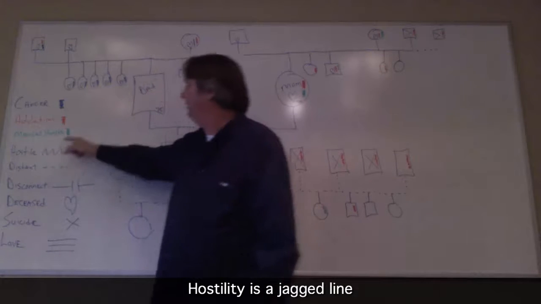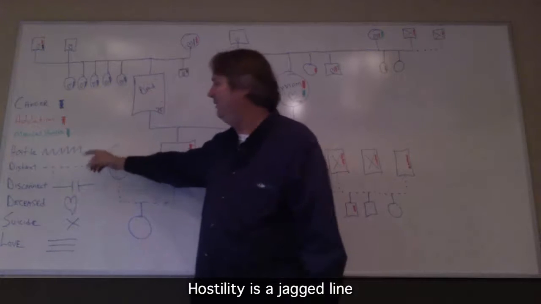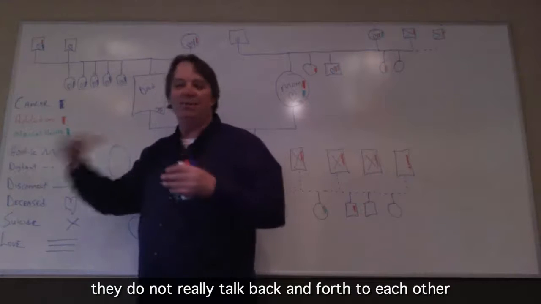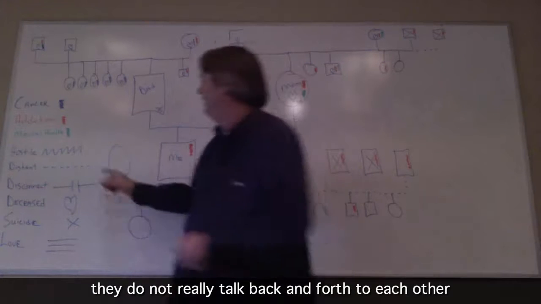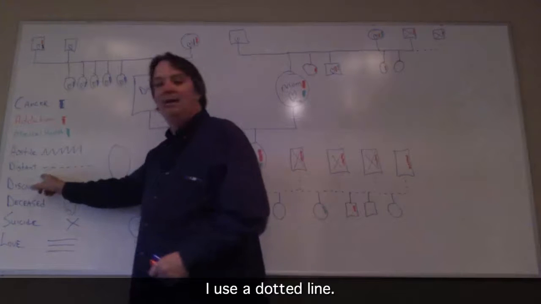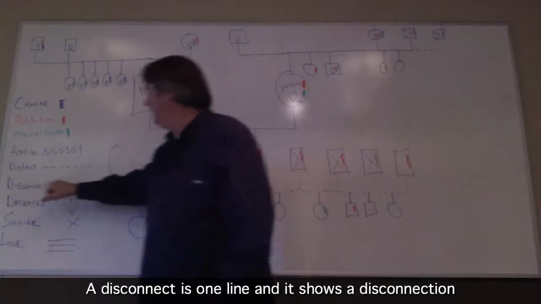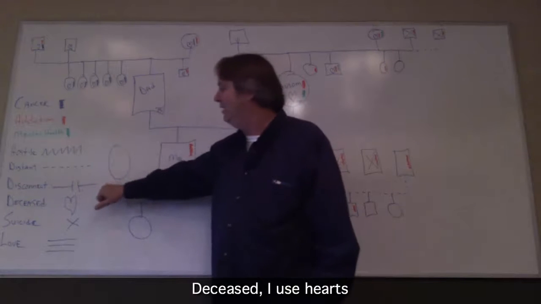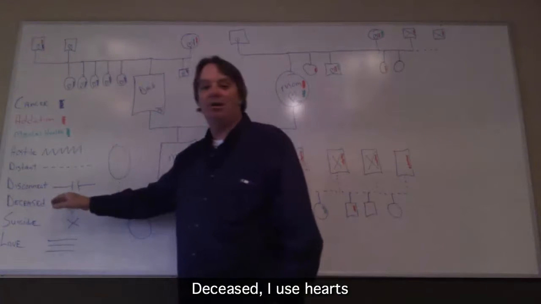Hostility is a jagged line. If they're distant from each other, that means that they don't really talk back and forth to each other, I use a dotted line. The disconnect is one line and it shows that there's a disconnection. Deceased, I use hearts.